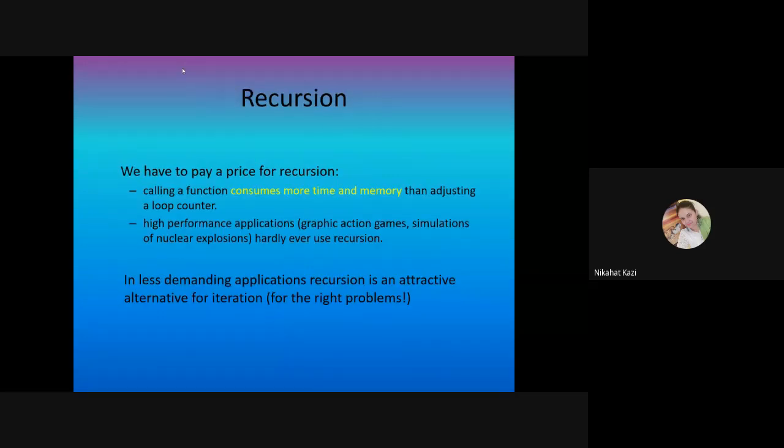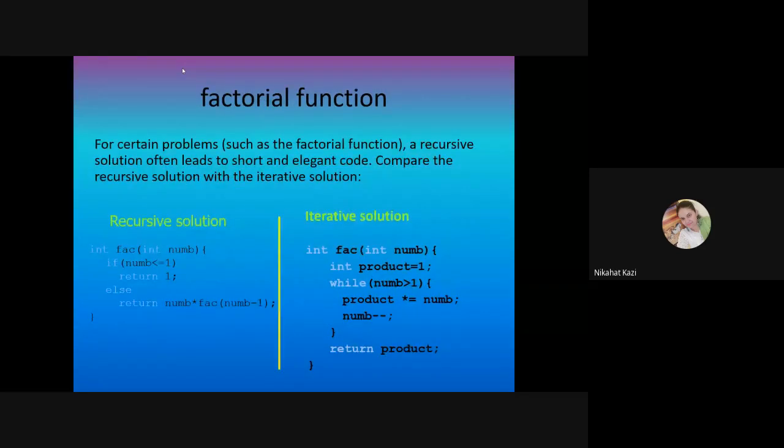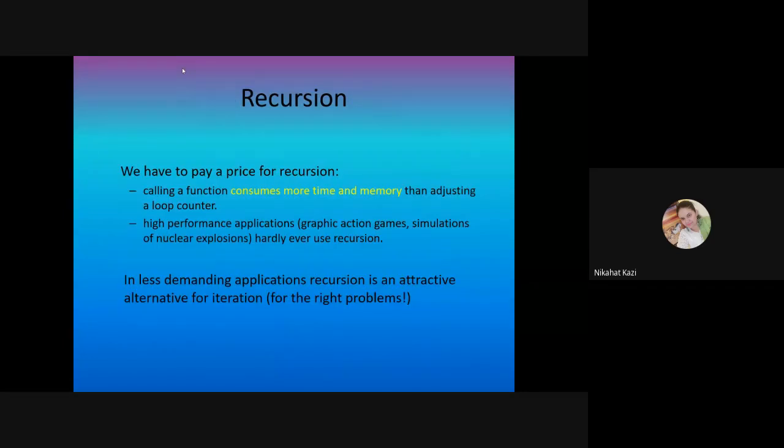Okay. But there is a price for recursion that we need to pay. And the price is function calls, because, as I told you, in the background every function is running separately. Since every function is running separately, it is consuming a lot of memory, right?